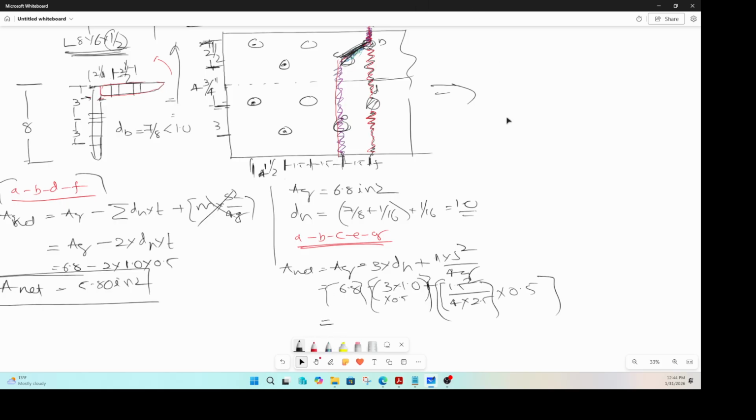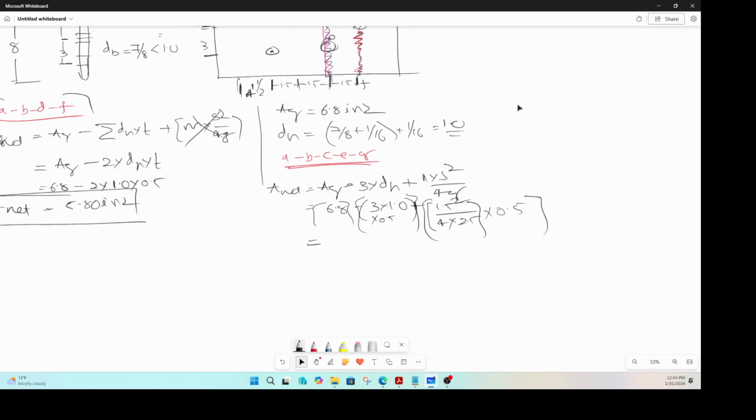Just to be clear one more time, what we are doing is 6.8 is the gross area minus 3 times the diameter of the hole times the thickness of the plate, plus s squared by 4g times the thickness of the plate.